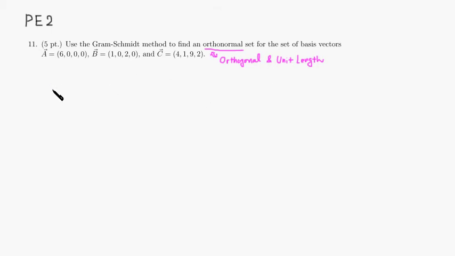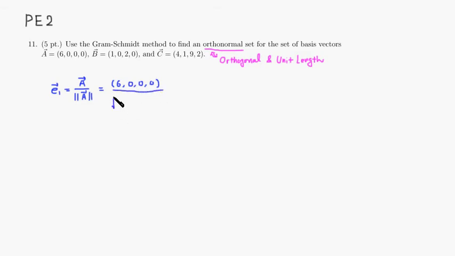Let's call the first vector E1. Simply take the vector A. Since it's the first vector, we don't have to worry about being orthogonal to anything, so we can just divide by its own length. Vector A is given as 6, 0, 0, 0.